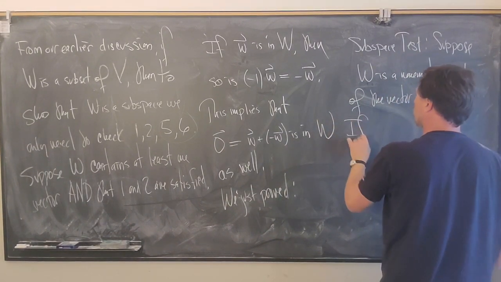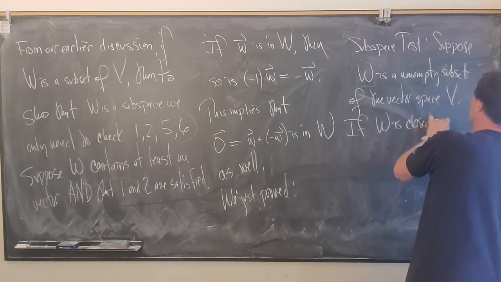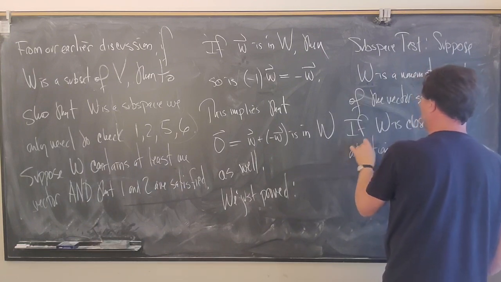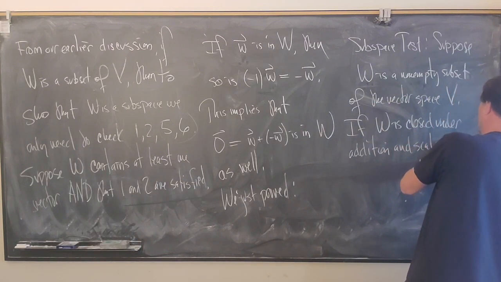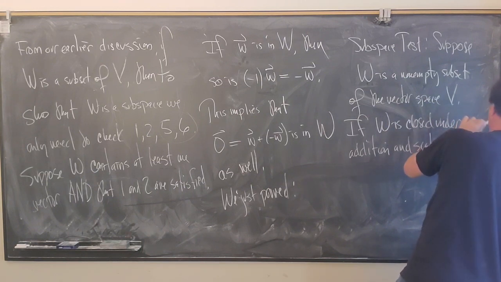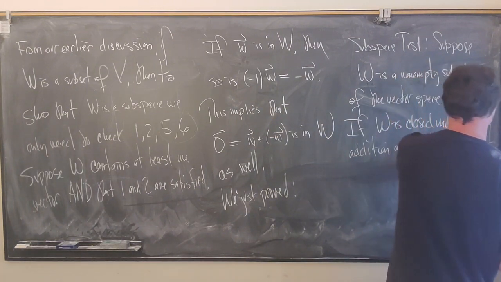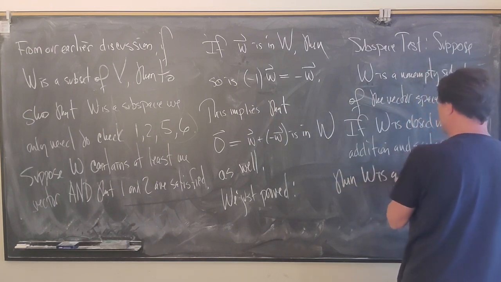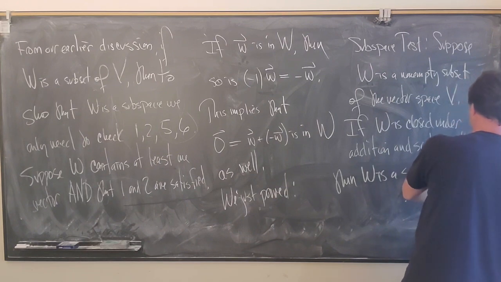If W is closed under addition and scalar multiplication, and so if it's closed under addition and scalar multiplication, then W is a subspace of V.